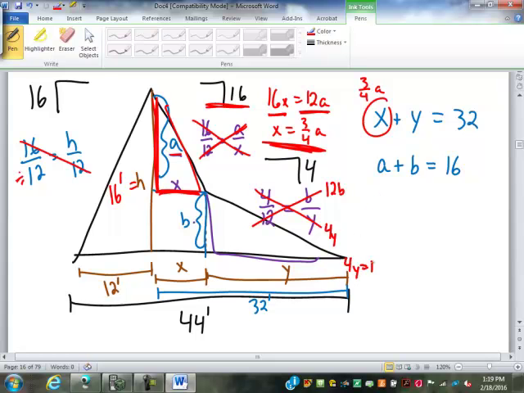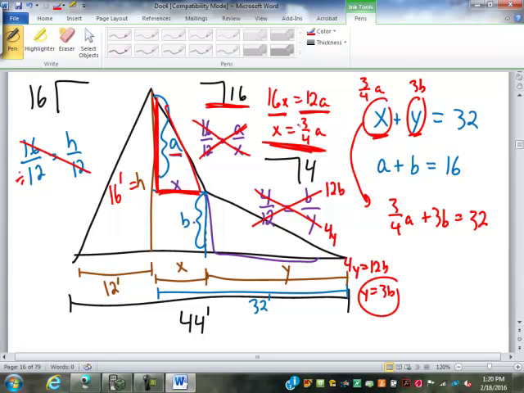So 4y equals 12b, or y equals 3b. So I'm going to rewrite that top equation as 3/4 a plus 3b equals 32. I just replaced x and y up here with the equivalents of a and b.